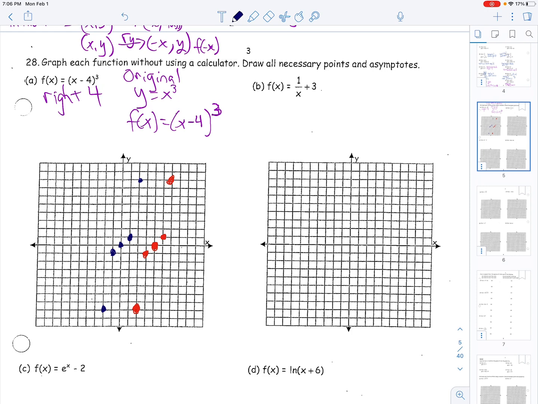You could graph the original and then work off of that to get the points of the transformation. And then we graph it. So there we go. The red here is the graph of x minus 4 quantity cubed, people. All right, let me stop here.